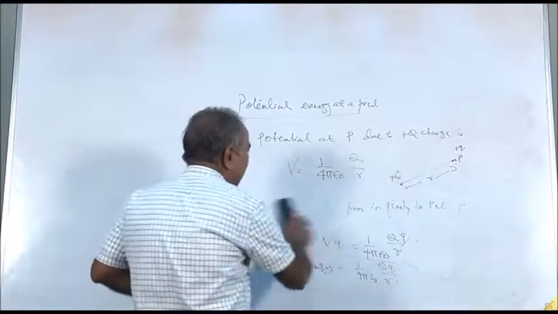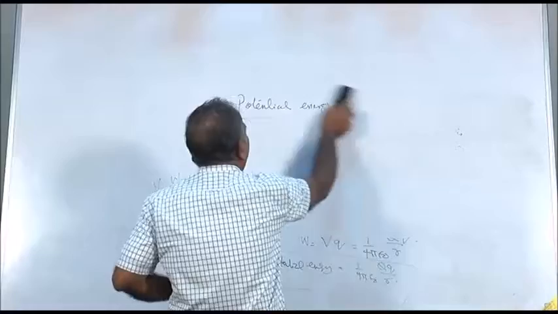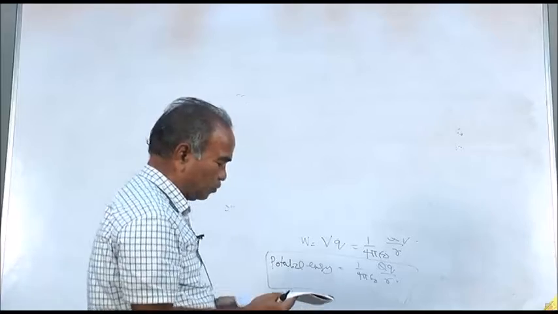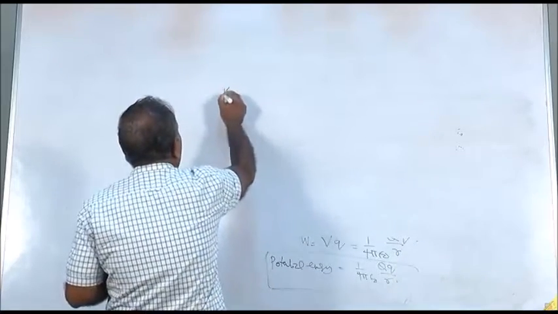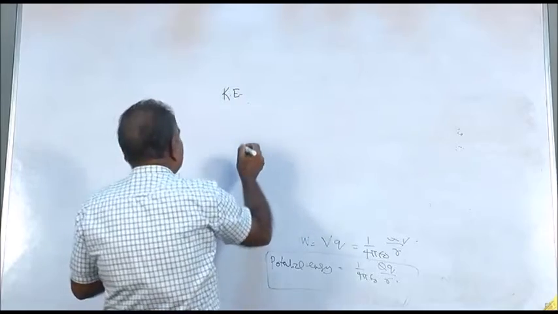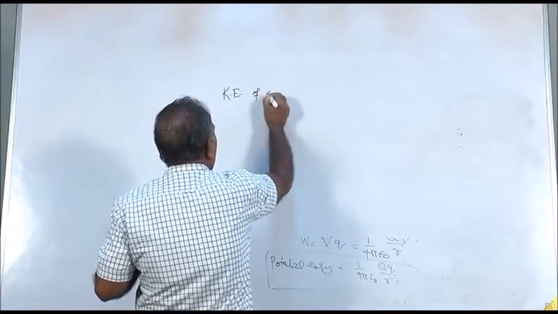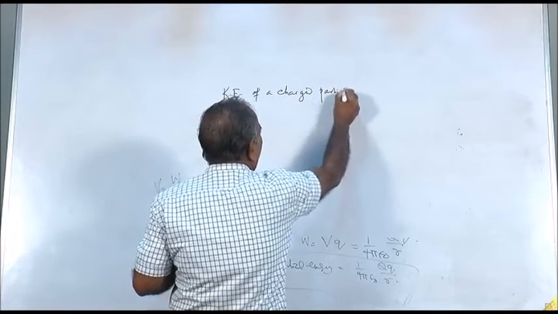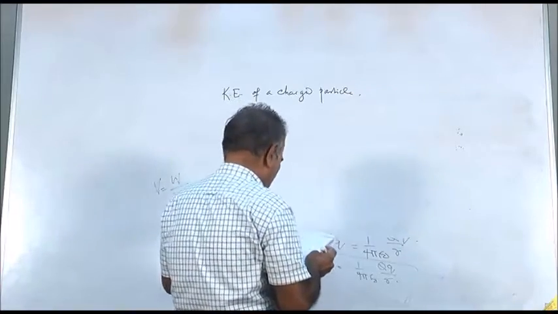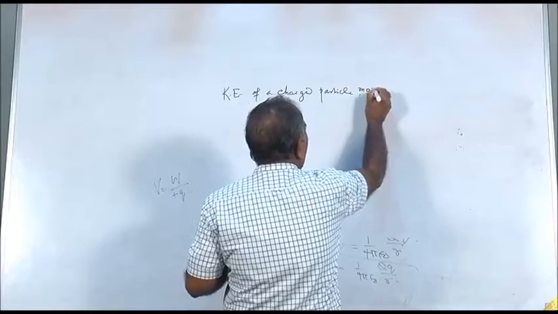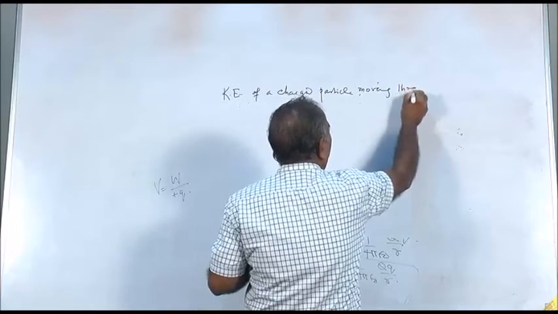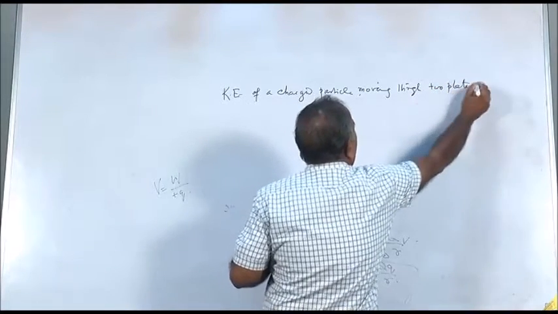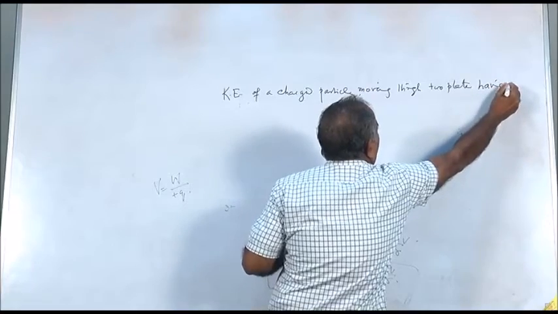Then, kinetic energy of a charged particle moving through two plates having a potential difference, PD.